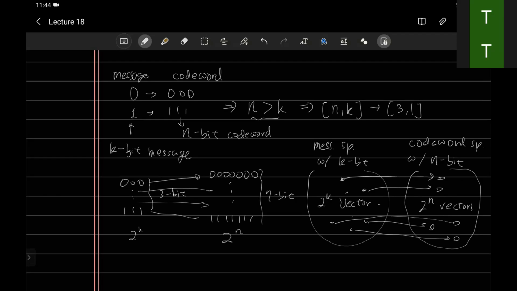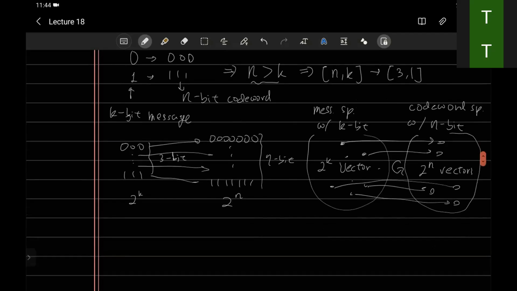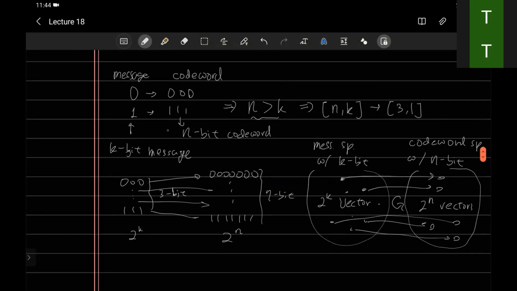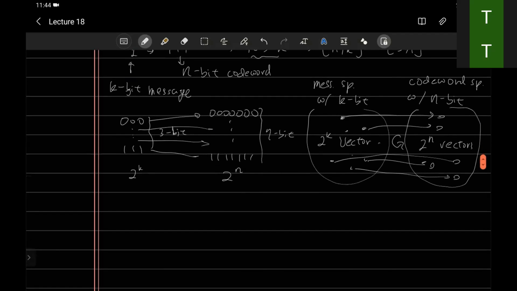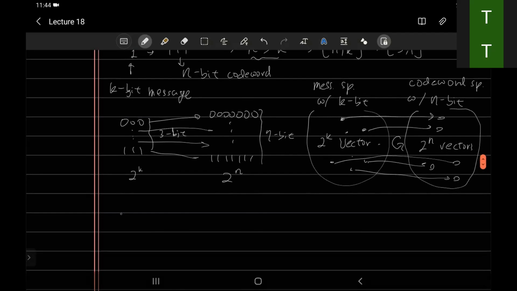So in this general situation, you can see that this kind of mapping corresponds to some linear map. We will call this mapping a generator. For the simplest case like this one, our generator was simply G equals 111.